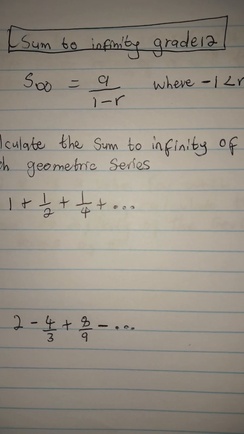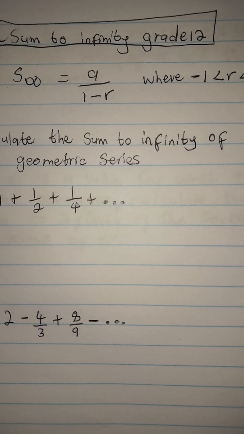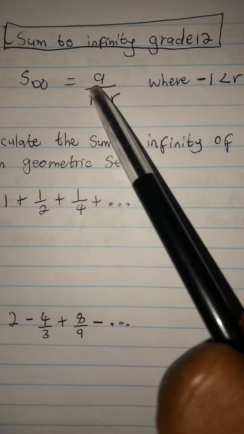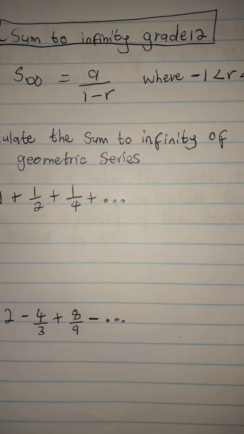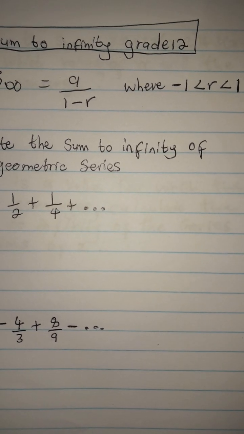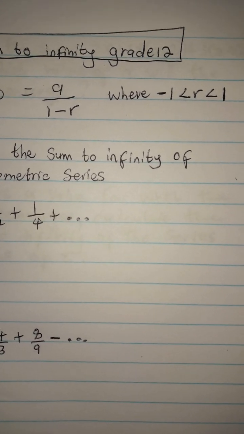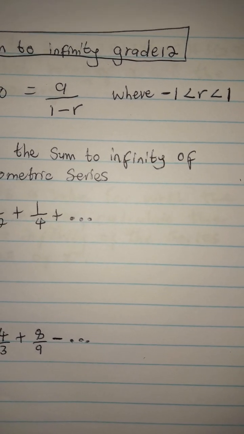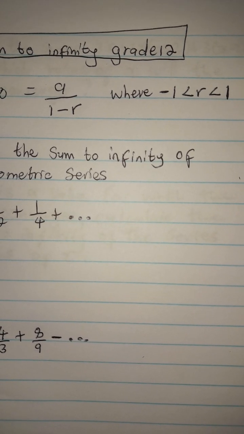So we'll be looking at sum to infinity, guys. The formula for sum to infinity is a divided by 1 minus r, when negative 1 is less than r and r is less than 1. This part means that the series converges.